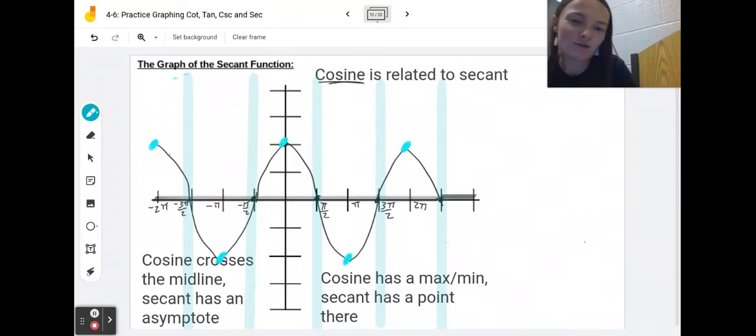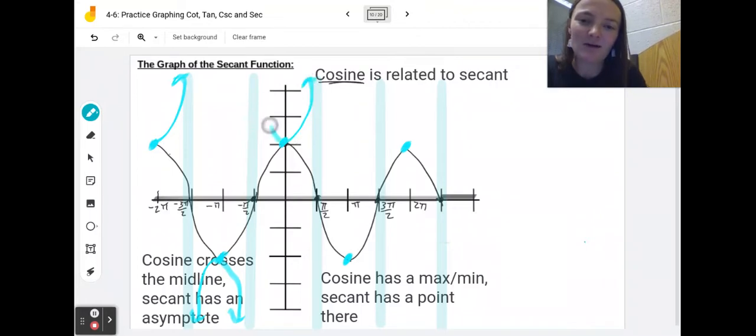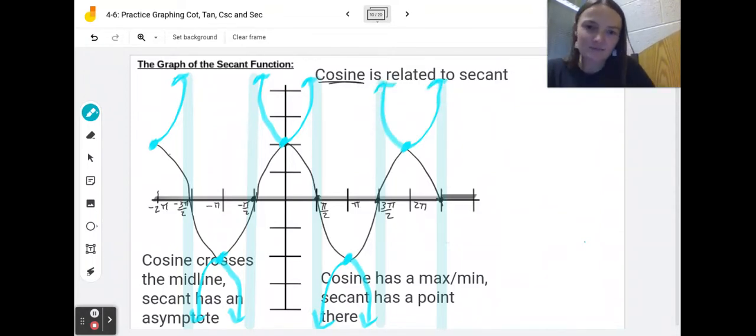And then we're just going to follow the same pattern. Maxes are going to have parabola-looking shapes. They're not quite parabolas because parabolas don't have asymptotes. We're going to create these U shapes that follow the asymptotes. Down if they're a minimum, and up if they are a maximum, like this. And so our total solution for the secant graph looks like this.